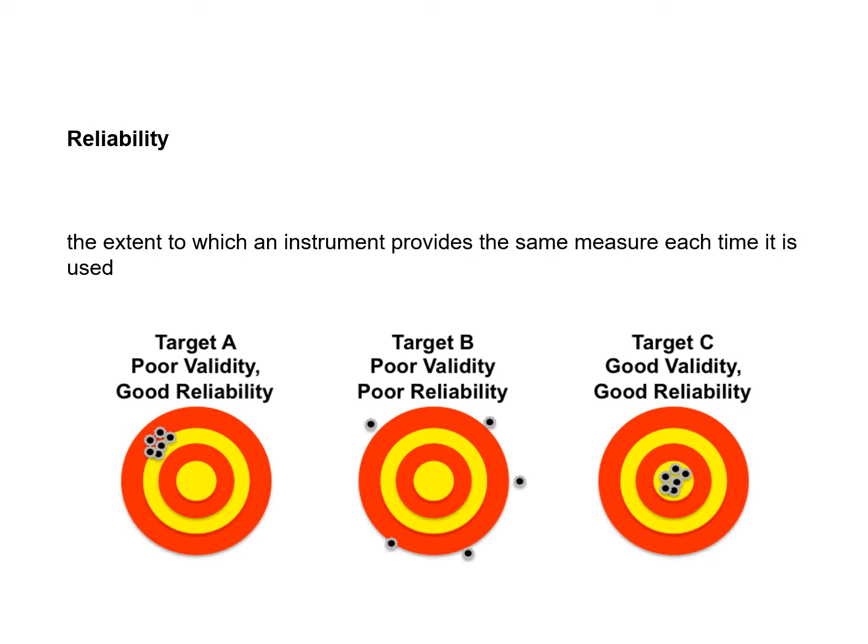Now, I have seen versions of this with 4 targets, one showing good validity and poor reliability, but that is actually philosophically impossible. You cannot have validity without reliability, but it's quite possible, as illustrated here, particularly in target A, to have it the other way around.